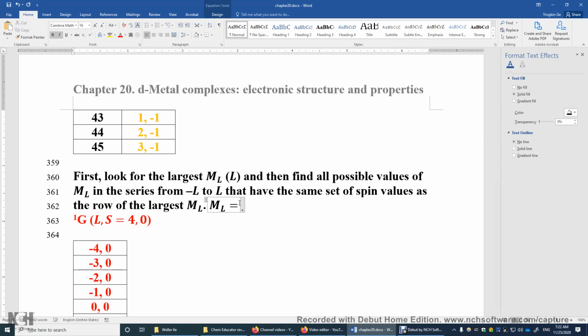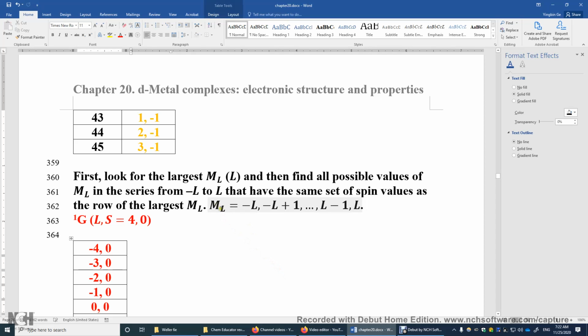It's between -L and -L plus 1, etc. And then L minus 1, and then L. That's the rule. So now we can see this m sub l can adopt different values, but the largest value is the value of L. So we're going to look for the largest m sub l.